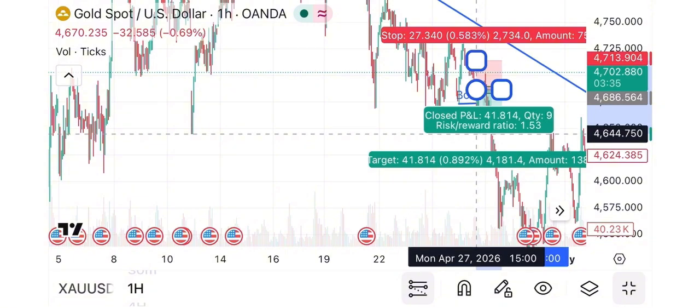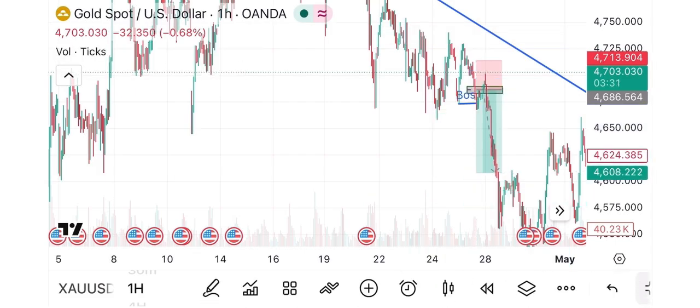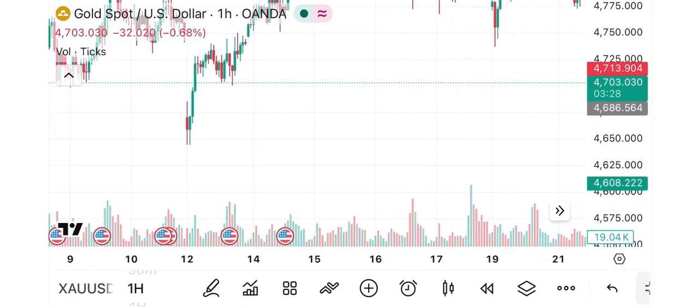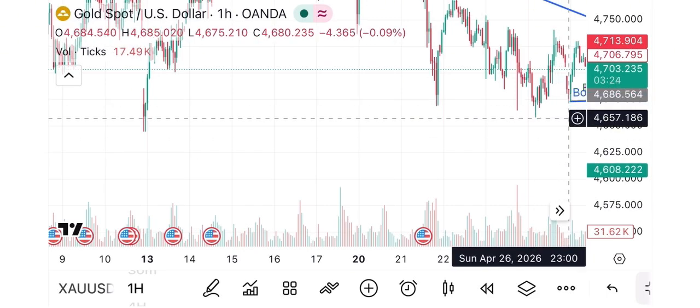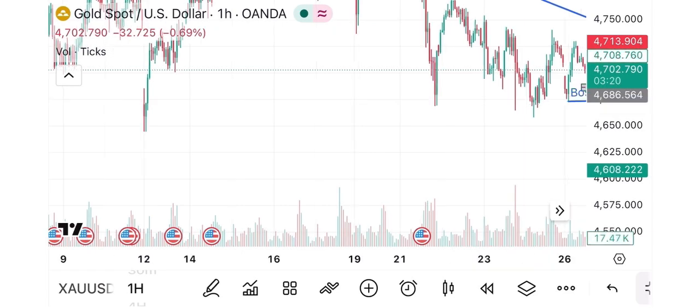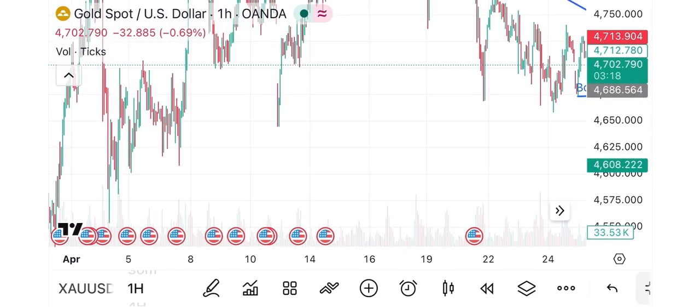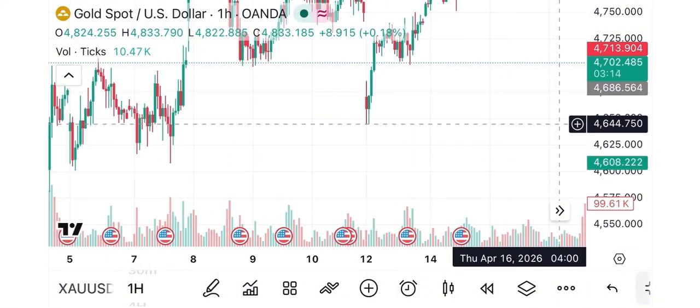And price, in other terms, tapped into this fair value gap and it has been mitigated. As you can see, this point has been mitigated. So we are going to a point that looks sure, which is this one, which has not been mitigated. So we're supposed to look for a point that hasn't been mitigated.